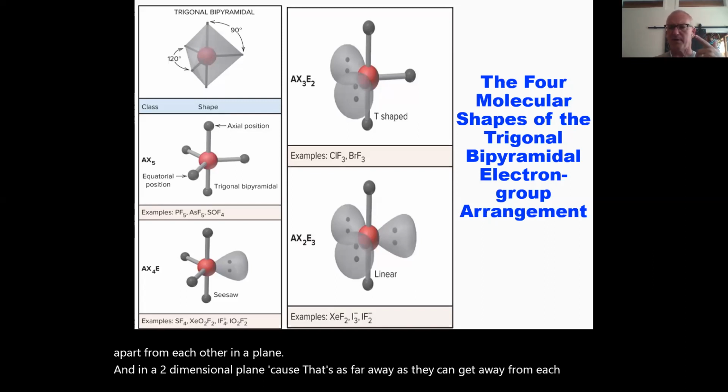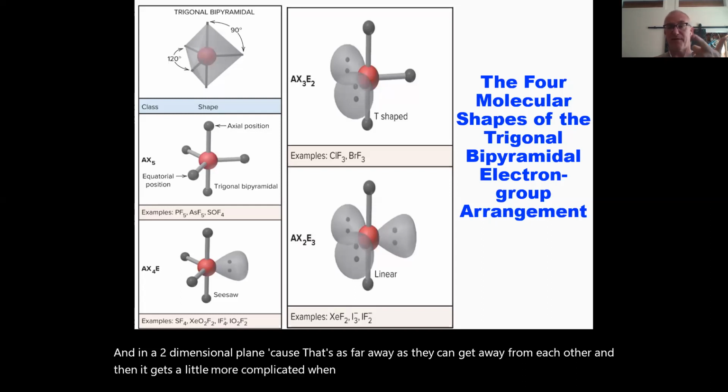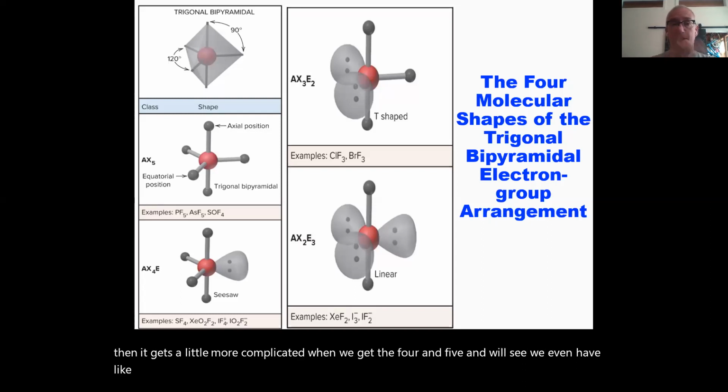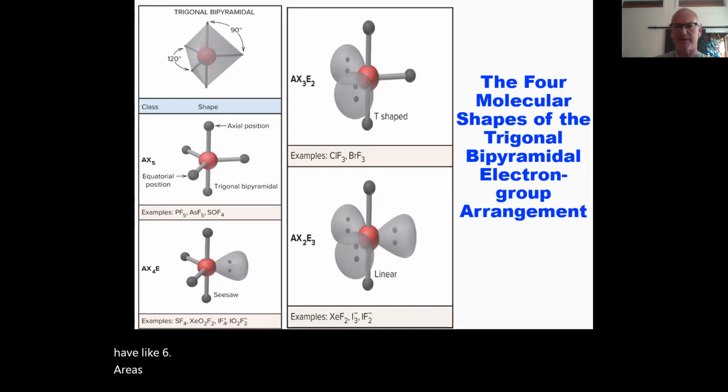And then it gets a little more complicated when we get to 4, 5, and we'll see we even have 6 areas of electron density. How would we deal with those? We sort of left off with 5.